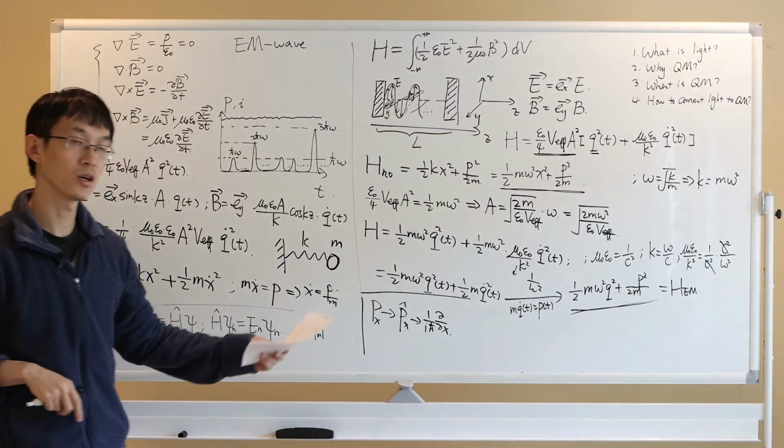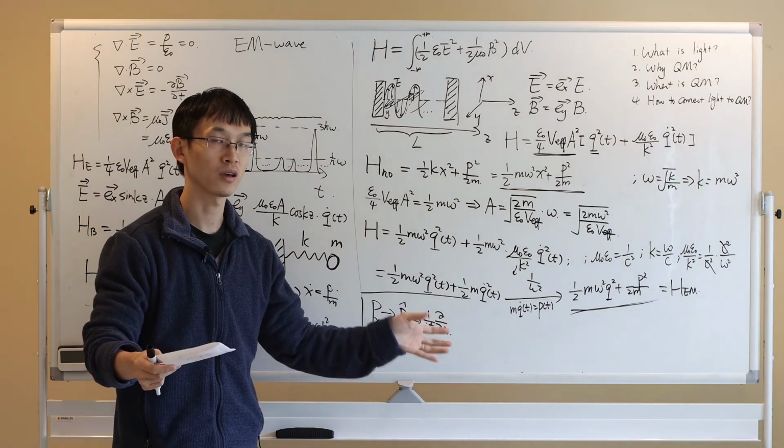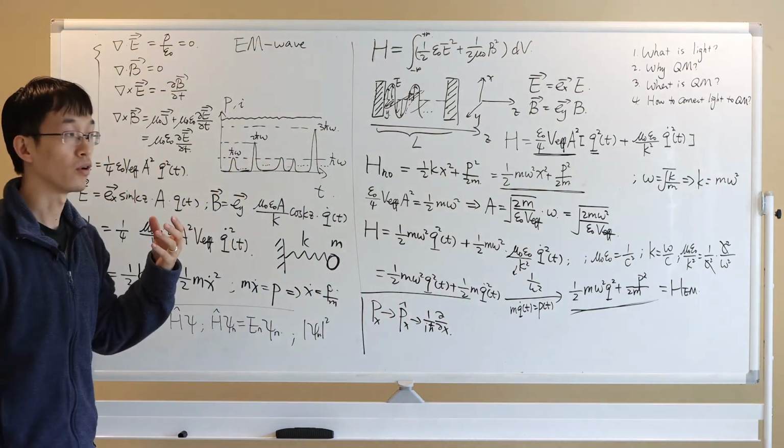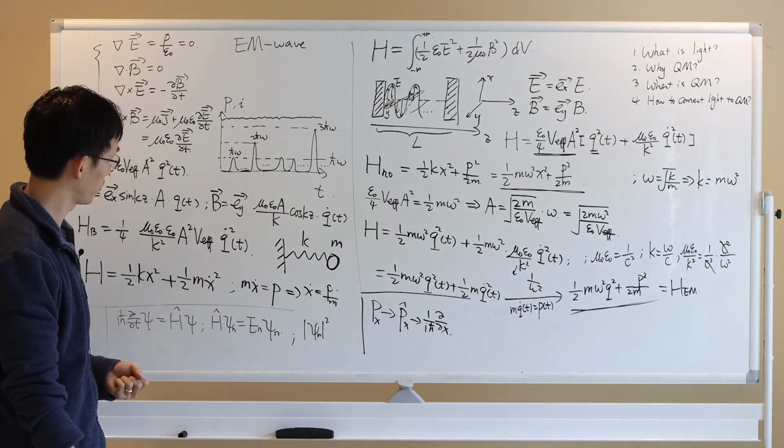We let the momentum go to an operator, so that when it acts on a plane wave, it gives you ħk, the momentum of a particle, the momentum of a photon.